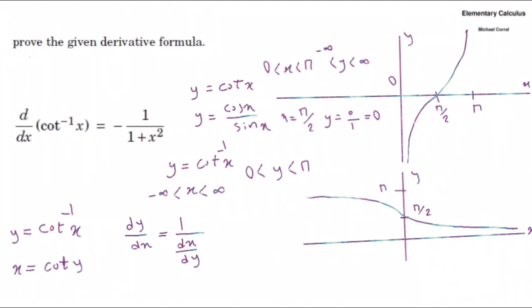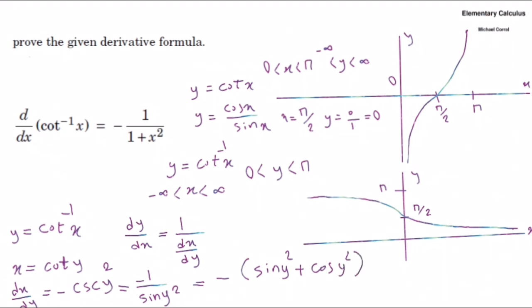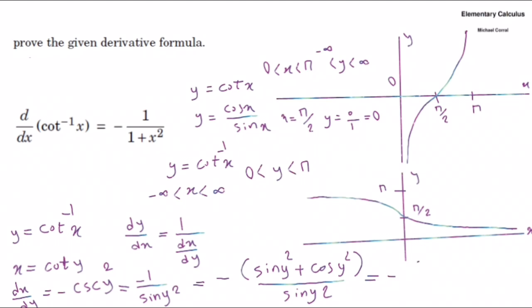So the derivative of x with respect to y equals the derivative of cotangent y, which equals negative cosecant y squared, which equals negative 1 over sine y squared, which equals negative (sine y squared plus cosine y squared) over sine y squared, which equals negative 1 plus cotangent y squared.